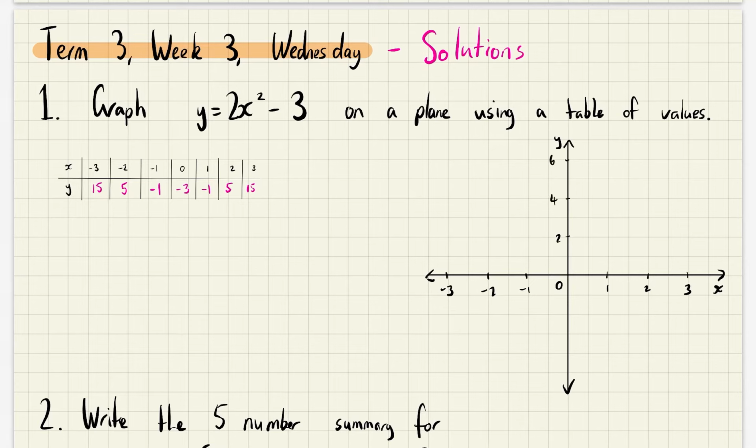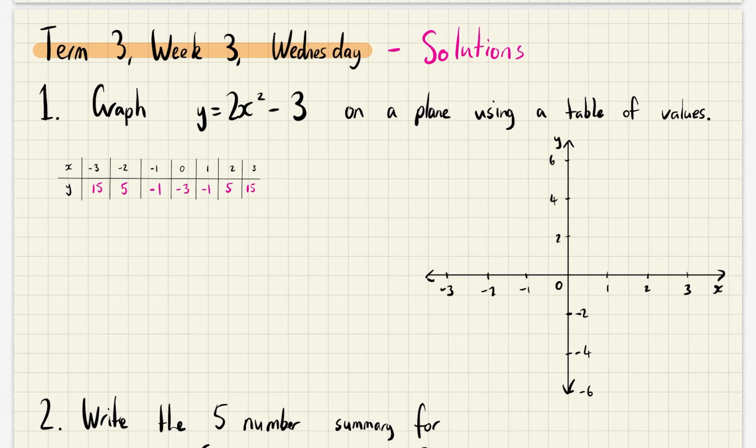So I have 2, 4, 6, which will help me fit a bit more onto the graph. I'll go minus 2, minus 4, minus 6 down here. Now you might be wondering how I can have a different scale for my y-axis to my x-axis. As long as one axis is in scale with itself and same with the other, everything will be fine.